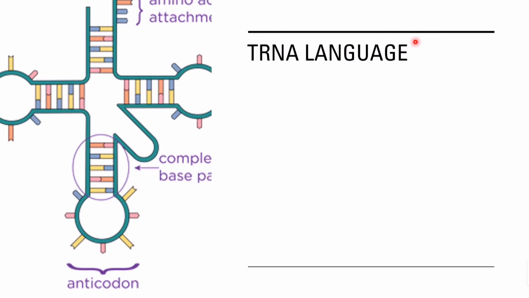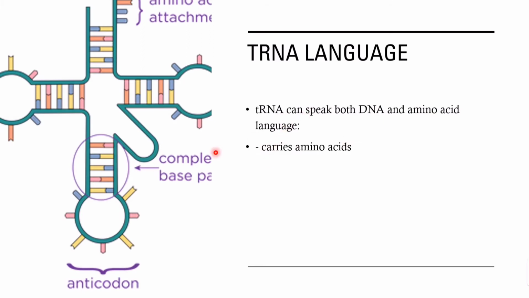So tRNA language: tRNA can speak both DNA and amino acid language, and this is because it carries amino acids. With this amino acid attachment site, it is able to speak the language of amino acids. And it also has a complementary anticodon to the mRNA, so this allows it to speak the DNA language.